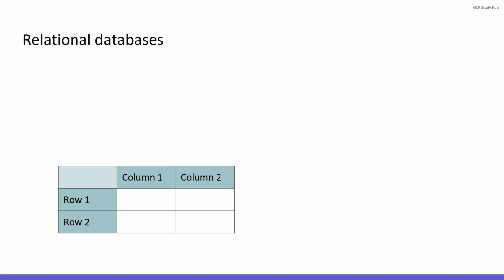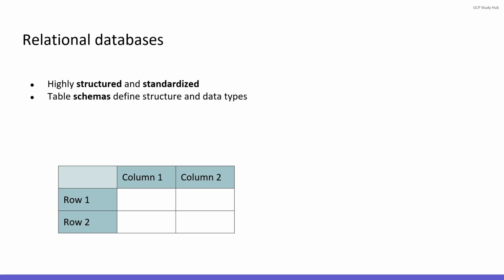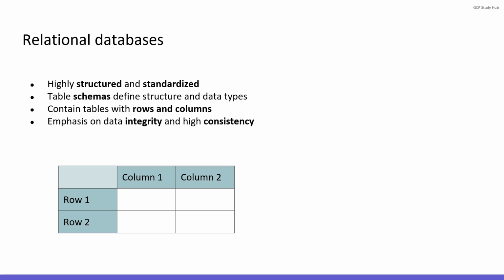Relational databases are highly structured and standardized, relying on predefined schemas that determine the layout of each table and the types of data they store. They contain rows and columns, with the columns defined by the schema. This consistency is key to maintaining data integrity and consistency, ideal for applications where accuracy and relationships between data are crucial.